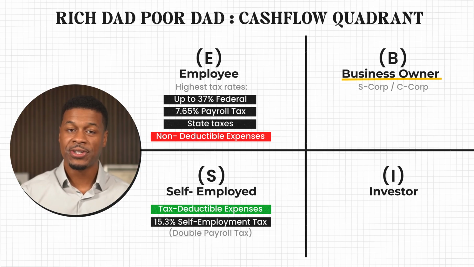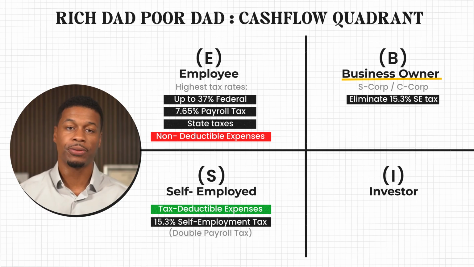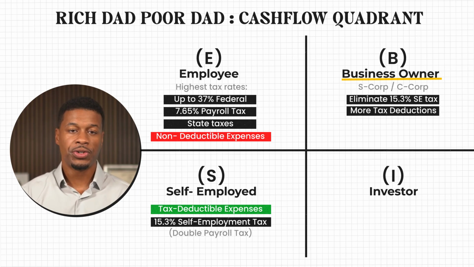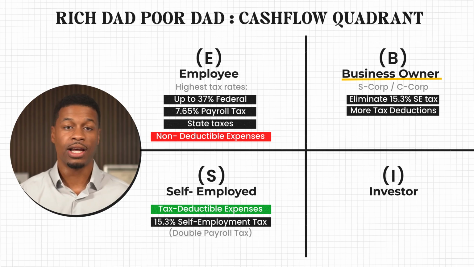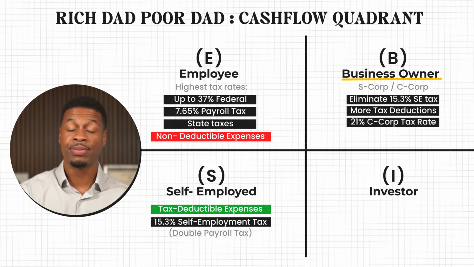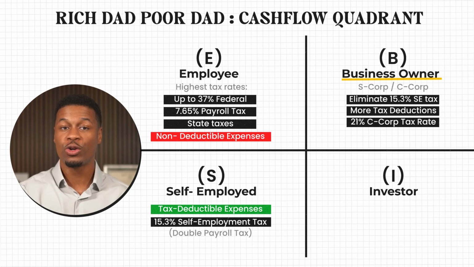When you structure your business as an S Corp or C Corp, you eliminate that 15.3% self-employment tax completely. Plus, you may also be able to reduce your taxes through a corporation because they are able to take a few more tax deductions and can also choose to be taxed at a lower rate of 21% if you elect to be taxed as a C corporation.